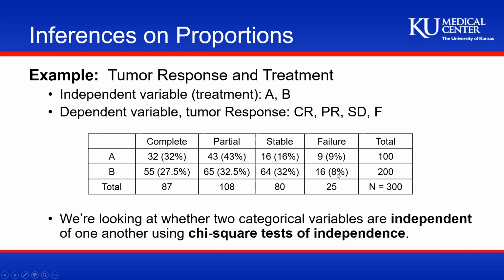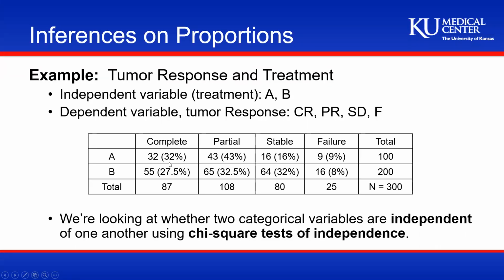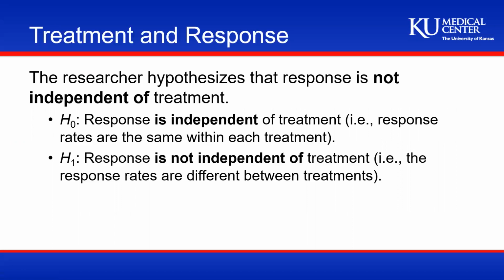So the way that we ensure that the cells here have enough subjects in them is that we have to target a sample size big enough to correspond with an event rate that will put more than 5 subjects in each of these cells. If we underestimated the event rate here, let's say it was only 1%, and we ended up with 1 subject in this cell, we probably shouldn't do the chi-square test. And if we don't have frequencies big enough, the Fisher's exact test is what you would apply instead.